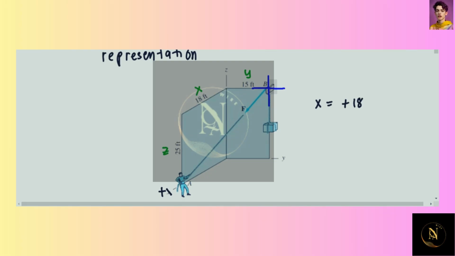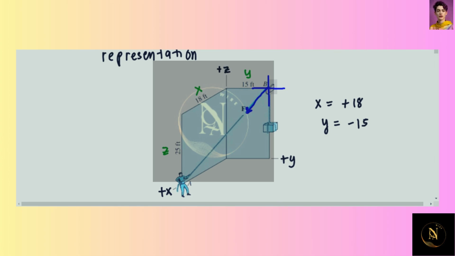By the way, positive X, positive Y, and positive Z. So X is positive 18, and Y is negative 15. Why is it negative? Because you notice that F here is directed in the negative Y direction.